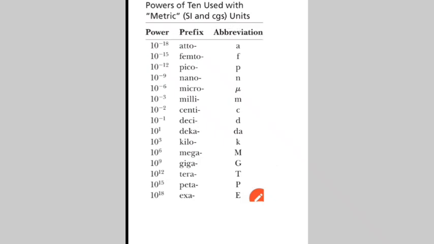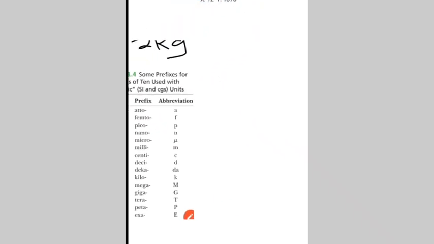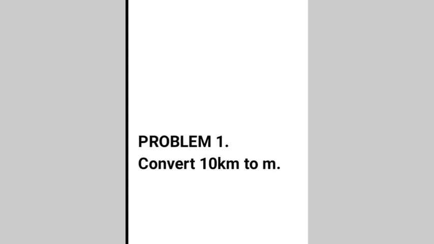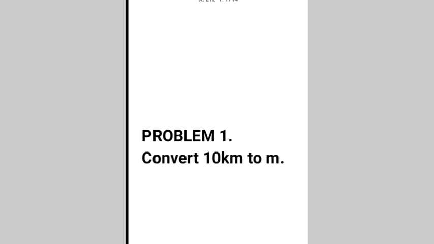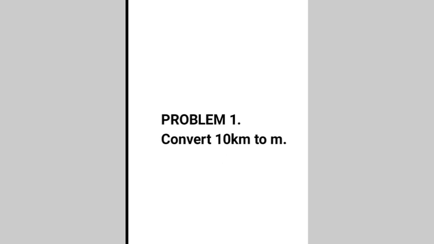Looking at the examples here, let's say we have this. How can you convert these 10 kilometers to meters? Mind you, we have 10 kilometers. To convert this into meters, we know that since we have kilo here, kilo has the base of 10 with power of 3.